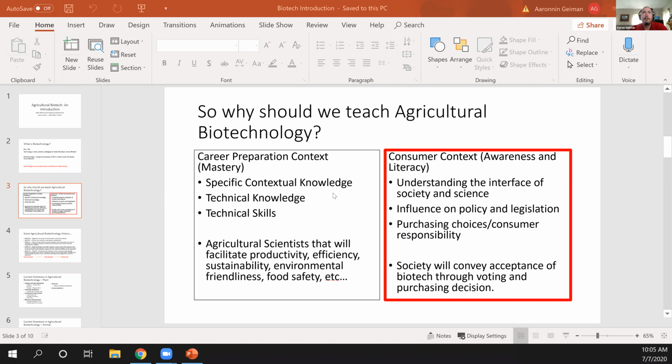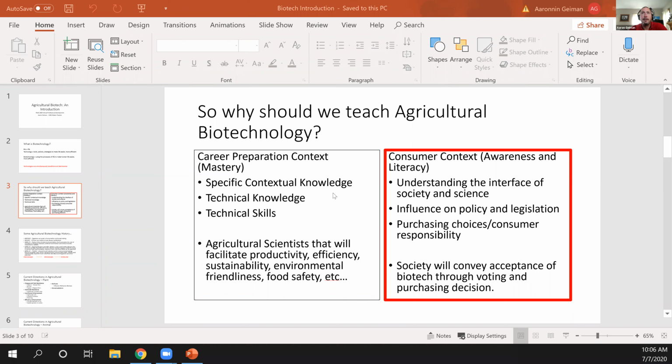We'll talk about why that is important to study because of the influence on policy and legislation. Our elected officials are going to listen to their constituents, and if their constituents are strongly for or against biotechnology, that's going to play out. Ultimately, some of those choices are making their way into the home. 90+% of our folks in the nation are not super ag-related. 2% are actually on the farm raising the crops, but everybody has to eat.